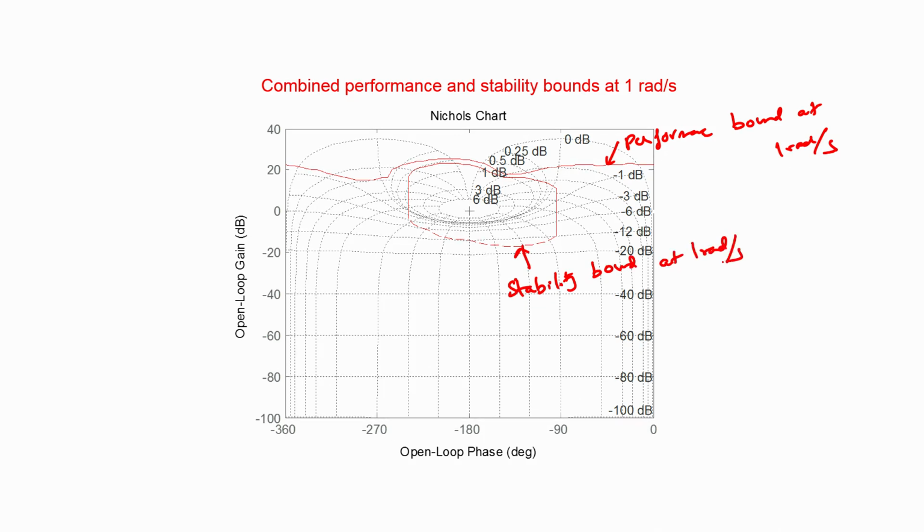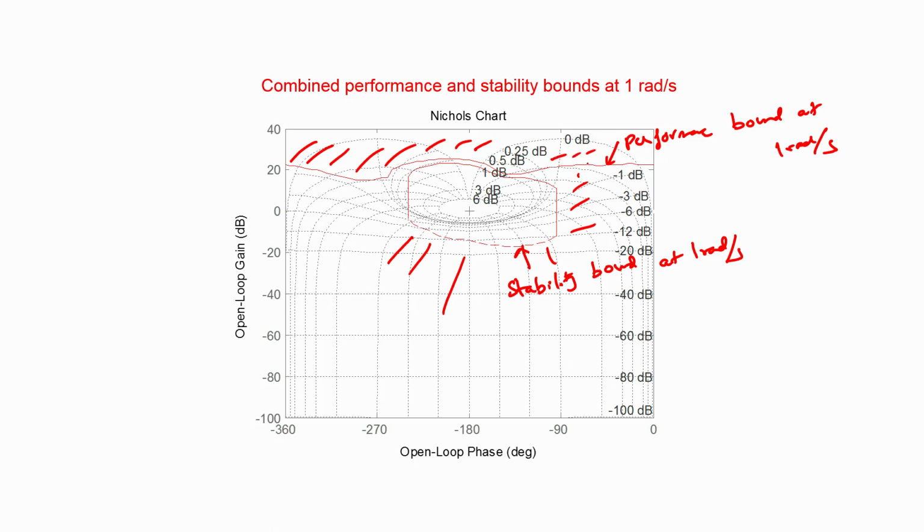So in order for the closed loop system to be stable, the nominal loop gain L0 should lie in the region that is outside the stability bound, and in order for the robustness requirement to be satisfied, or in other words in order for the difference between T1 upper and T1 lower to be within 2.3 dB at 1 radian per second, the nominal loop gain has to lie above the performance bound.